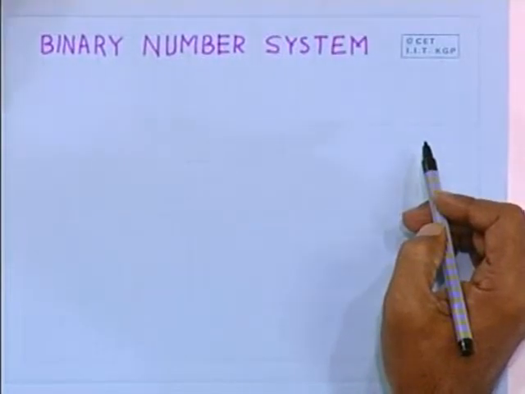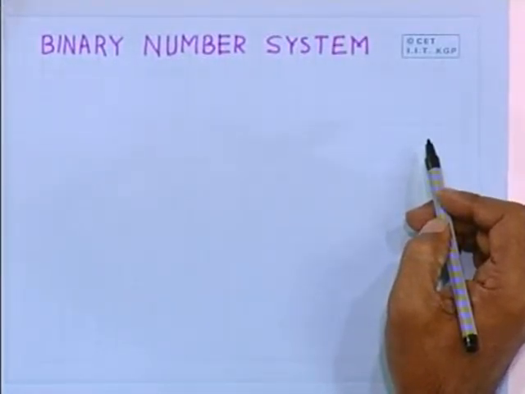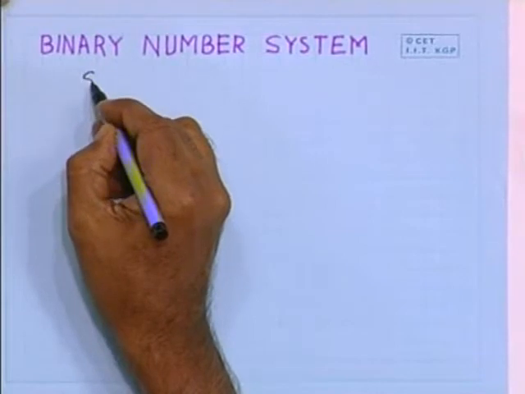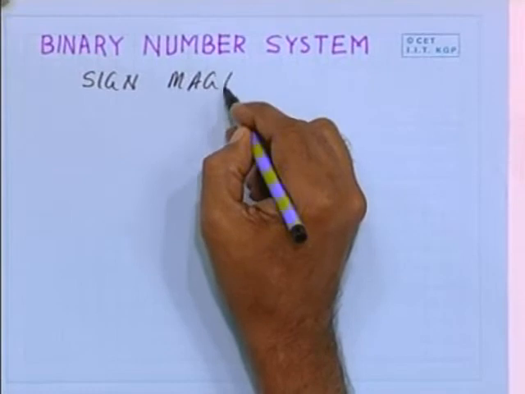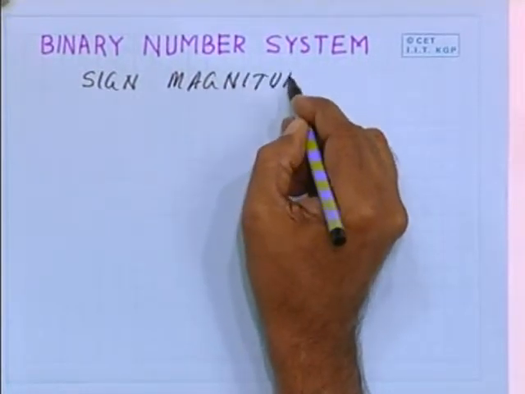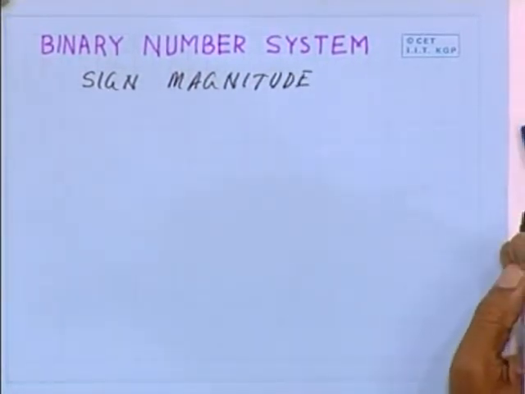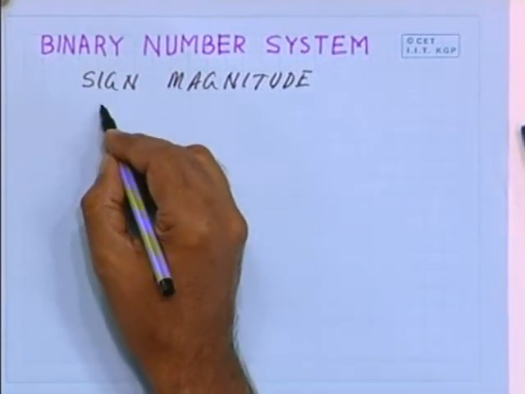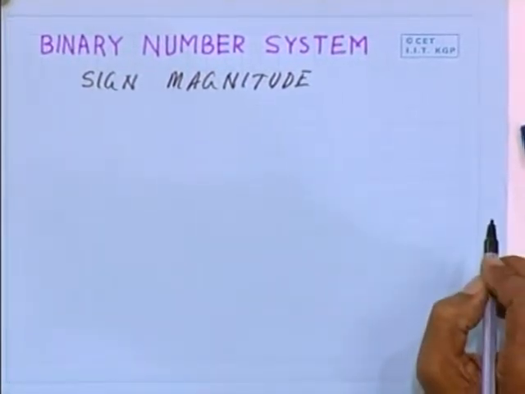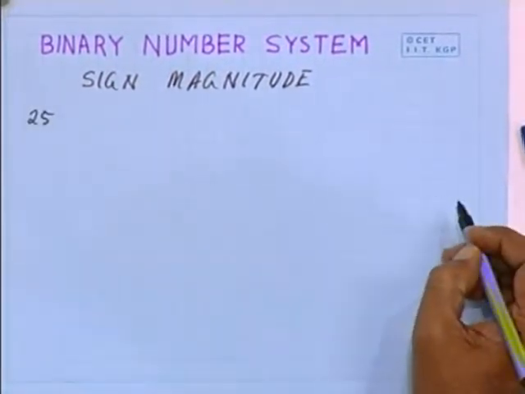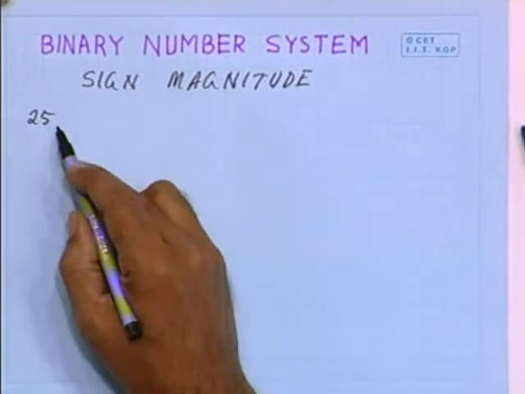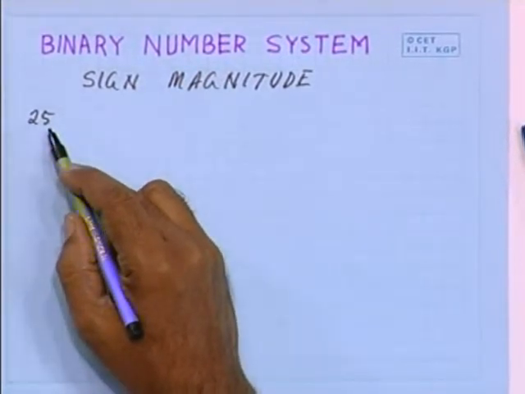In binary number system, you can represent numbers in several ways. The simplest is known as sign magnitude, which has two components, sign and magnitude. Suppose you are representing the value of 25. It is represented in terms of zeros and ones in this manner.